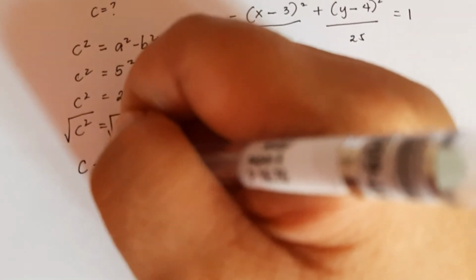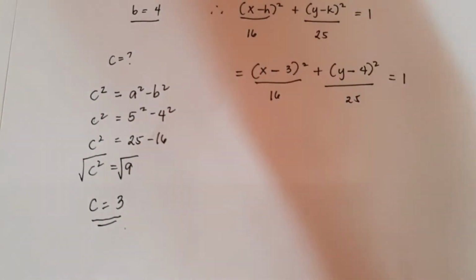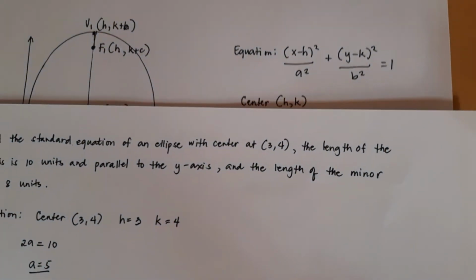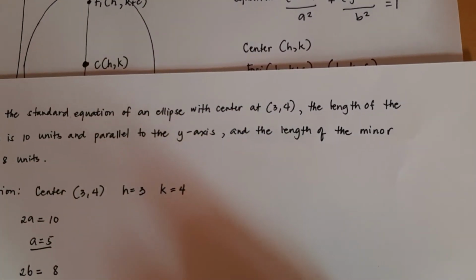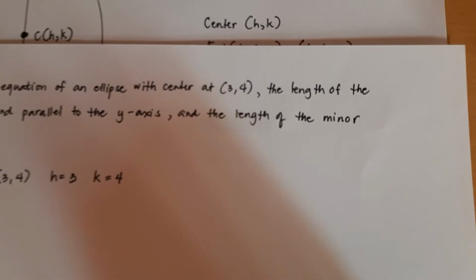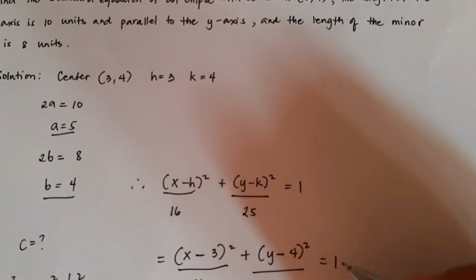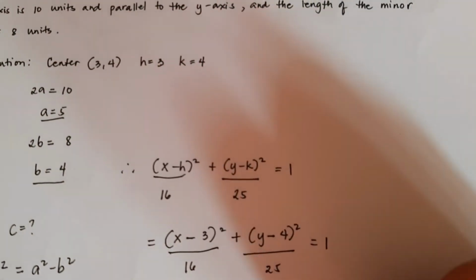So c is equal to positive 3. Kung gusto mo lang naman hanapin o kung tinatanong yung center, ano magiging center natin? h, k, no? So ang h, k ay 3, 4.